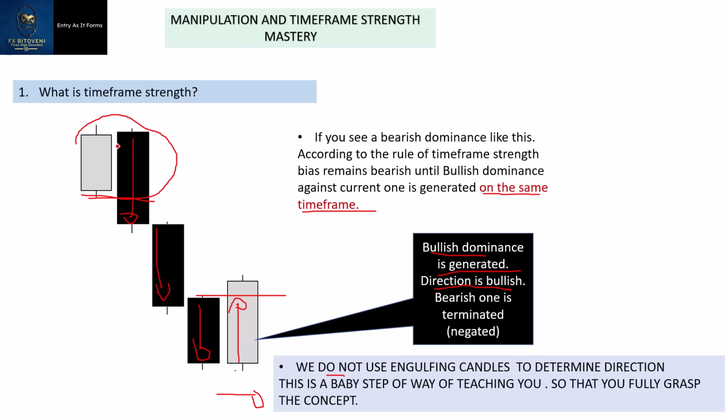I'm just here using engulfing candles just to give you an idea, right? This is a baby step of teaching you so that you fully grasp the concept. I'm just using the concept of engulfing candles to help you understand the definition of what you call time frame strength.